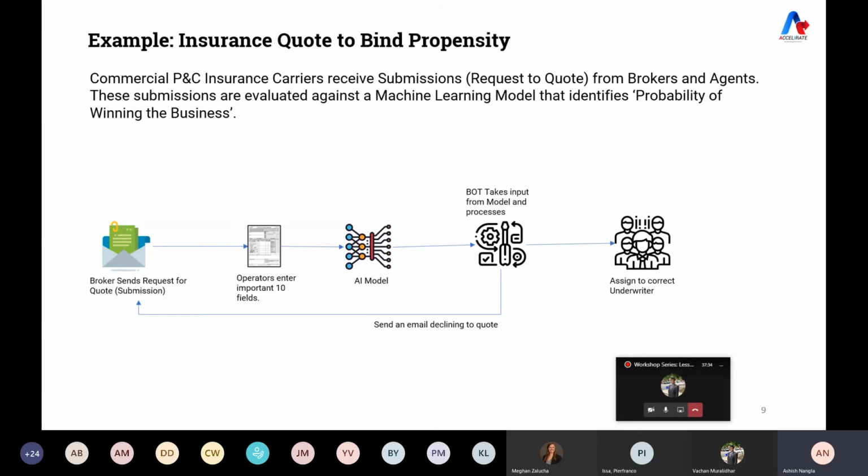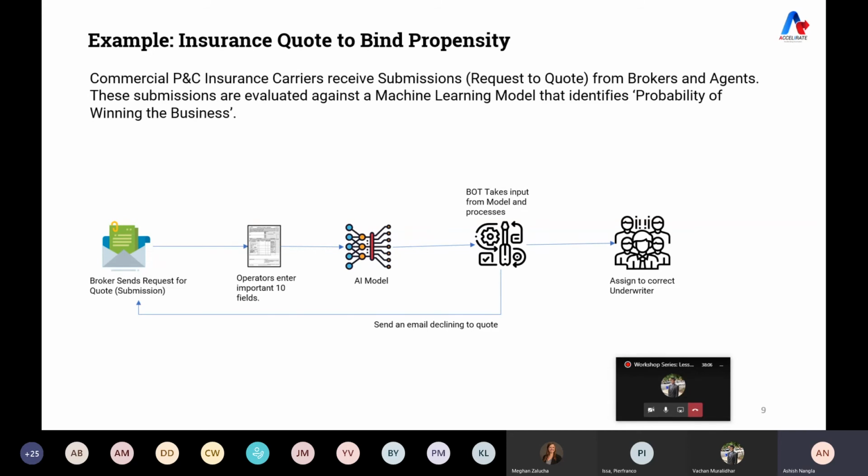If that probability is good, based on the threshold and the current workload of underwriters, it decides whether to assign it to an underwriter, and which underwriter. Or when the probability of winning this business is too low, you would not even bother quoting it, and you would just send in a decline. That's what the model gives out.